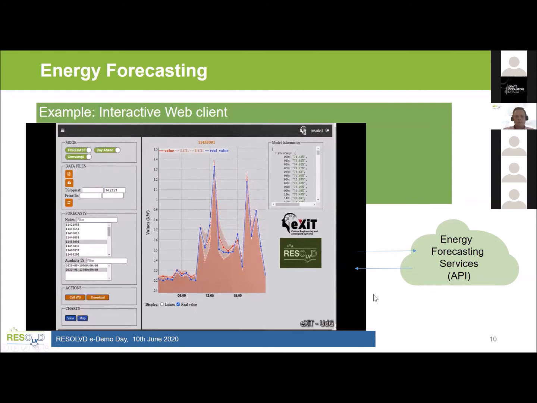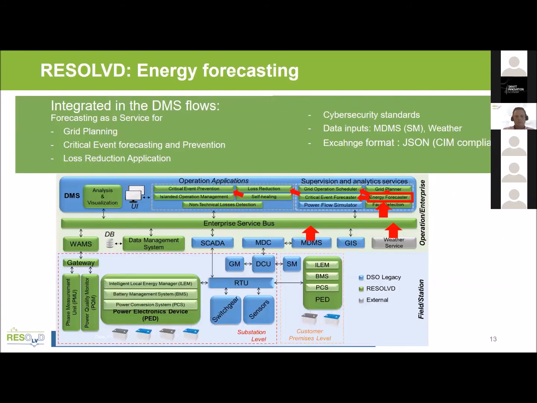Okay, so this is just a simple demo to show the flow, how it's managed from the perspective of the web service that provides the forecasting, and this has been integrated in the overall solution. So we don't need to load the files and all of this, but we have integrated it in the distribution management system, so the access to the metering data system is done automatically through the enterprise service bus.